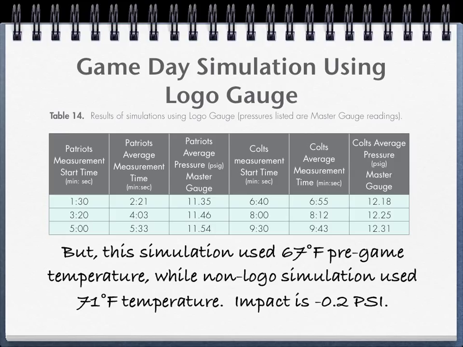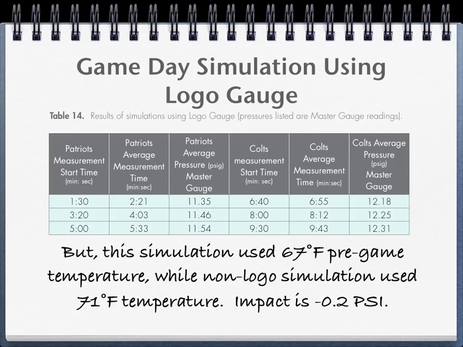The odd thing is that for the non-logo and logo gauge simulations, the pre-game temperatures are different. The logo gauge simulation used an initial 67 degrees Fahrenheit pre-game, and the non-logo gauge used a 71 degrees Fahrenheit temperature.